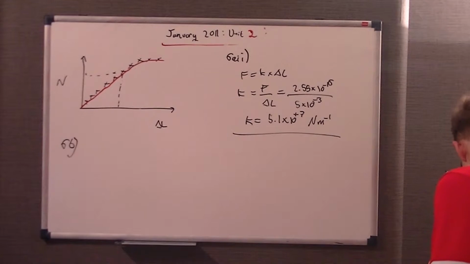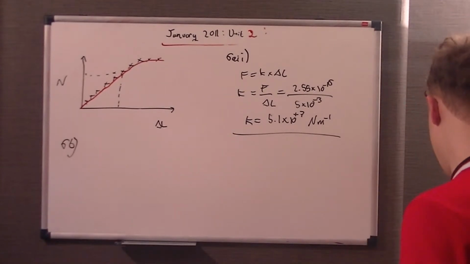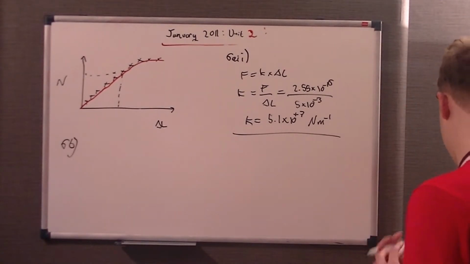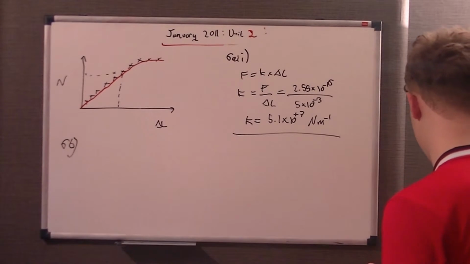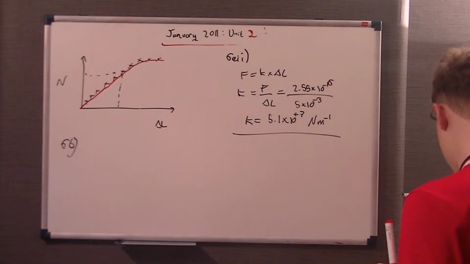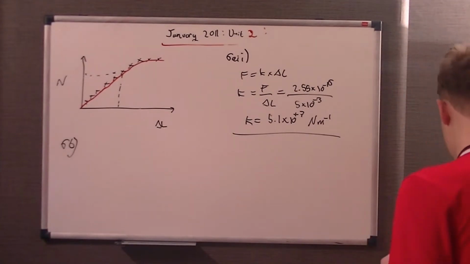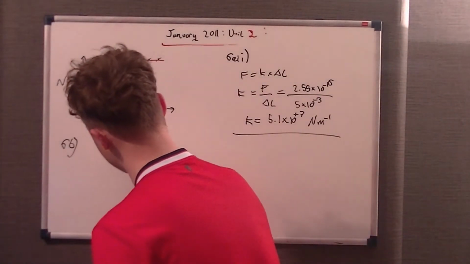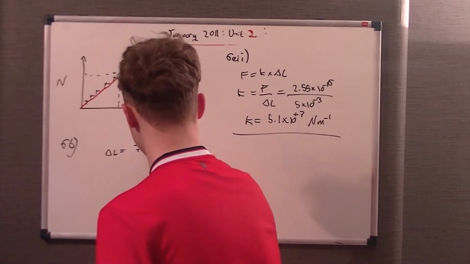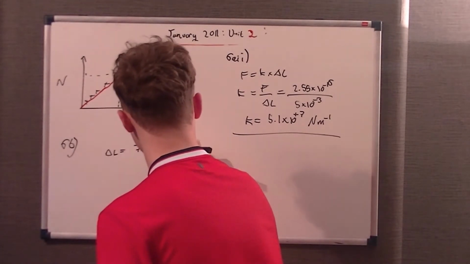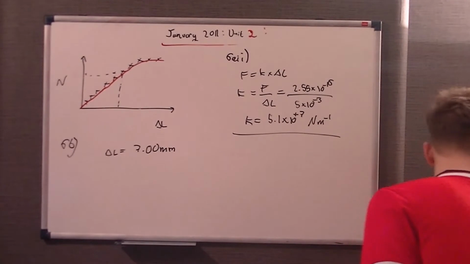6b says the sample breaks when the extension reaches 7 millimeters. Calculate the breaking stress, giving an appropriate unit. So we know delta L equals 7 millimeters.